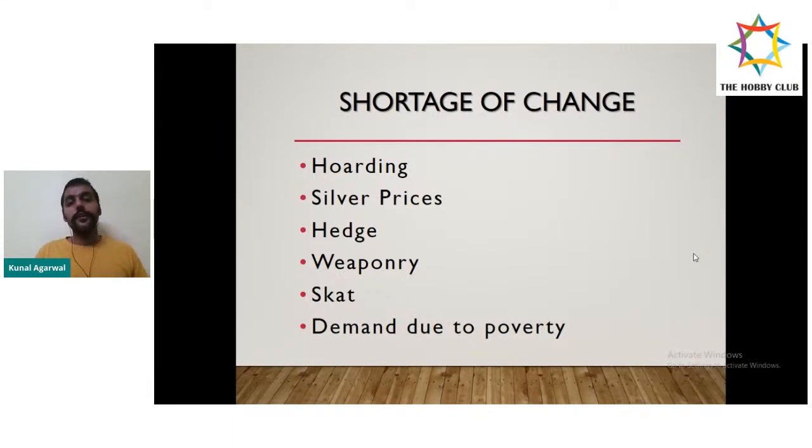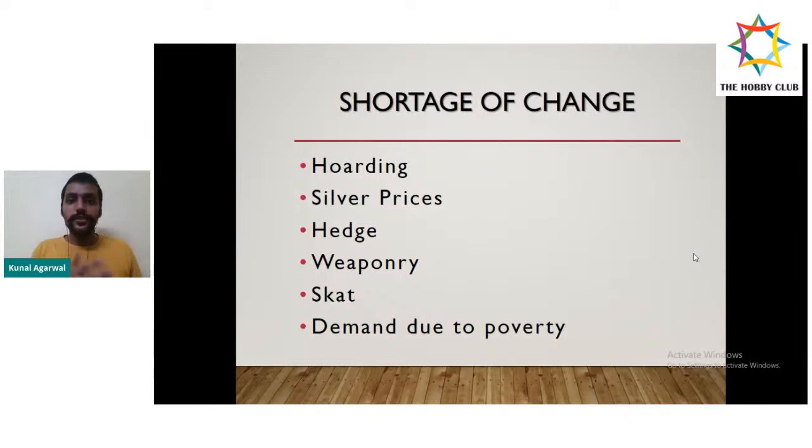So how in a war situation does this change disappear? One of the things is hoarding. These coins are made of metal, and people feel that these coins have some actual intrinsic value. Paper money actually has no value. It's just a piece of paper. In 1914 it was not a gold-backed currency.